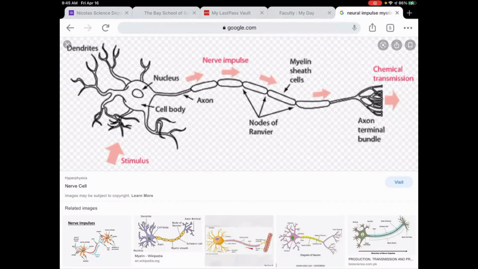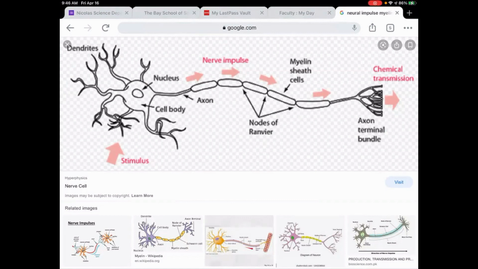And you see the cell has a nucleus, and the cell has this enormous long arm that it sends out called an axon, right? The axon, for all intents and purposes, is like a wire. Think of it as a metal wire. It's not made of metal, but it's a wire.